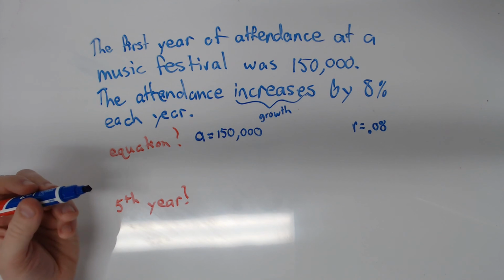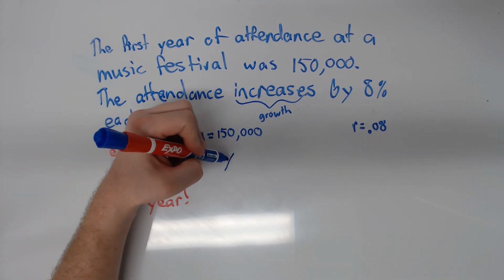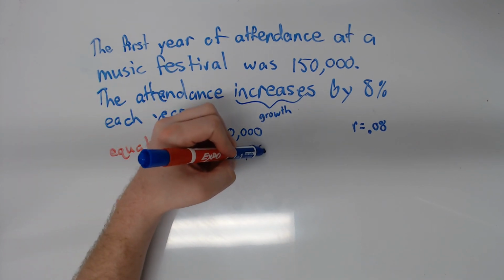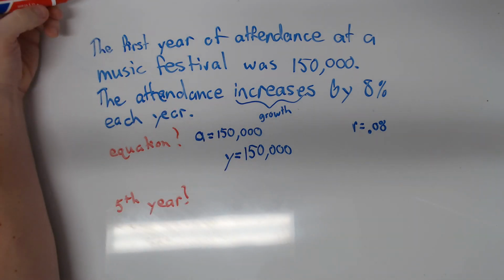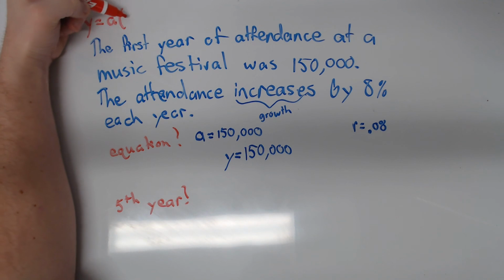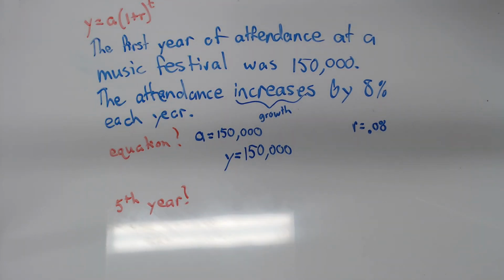All right, now let's look at our growth equation. Y equals A. We found A is 150,000. Let me write that equation up here just so you know what I'm referencing. This was for growth: 1 plus R, since we're growing, to the t power.